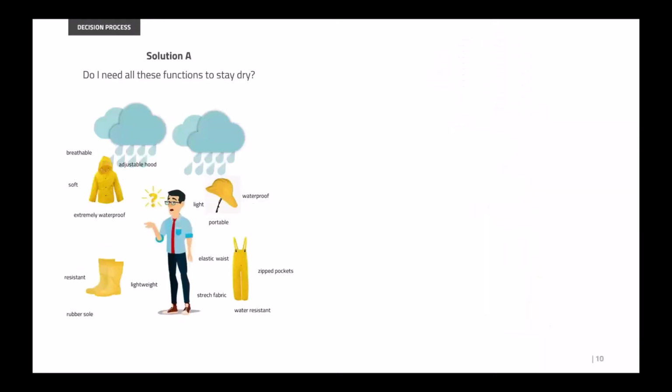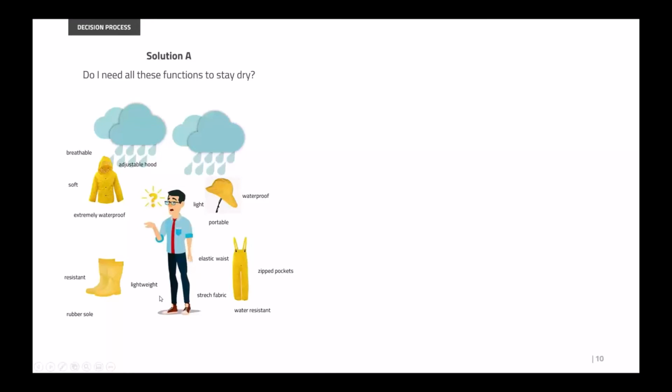solutions. The first solution is he gets a very professional outfit with a lot of technical nice features. You see, it's very light, it's very waterproof, it's very resistant, it's very lightweight.